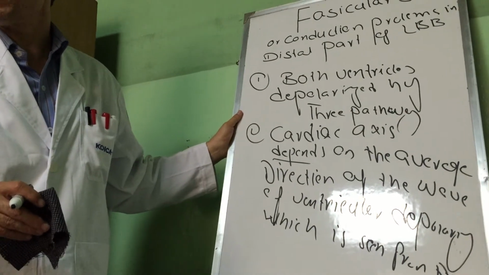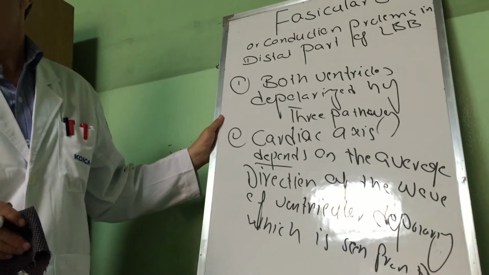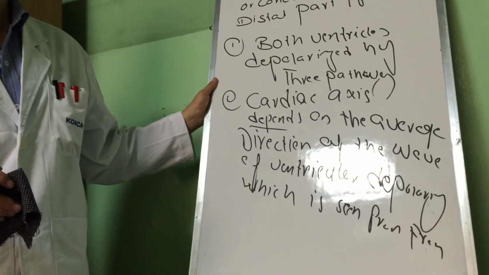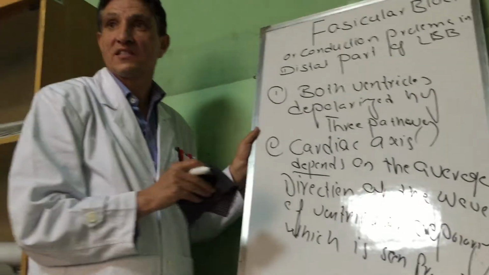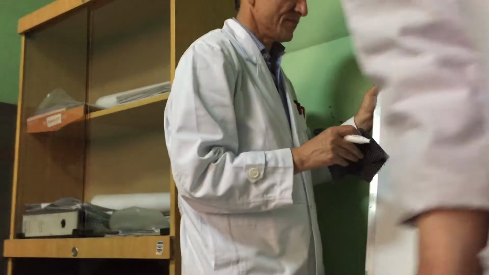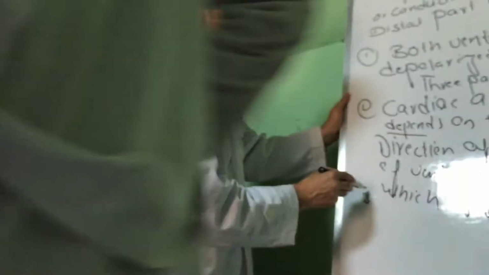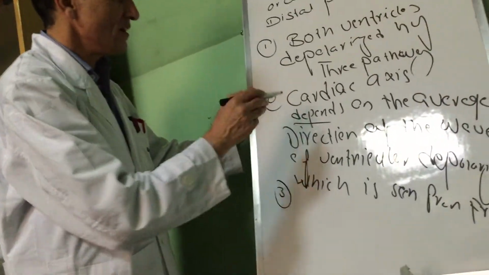This was principle number 2. Later on we will discuss and explain the cardiac axis. Now we should learn that the fascicular block is quite related to the exact concept of left axis deviation. Number 2, from the front is special. Number 3, which is seen from the front.